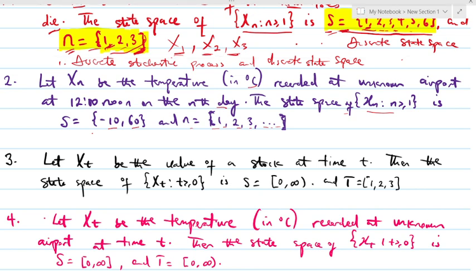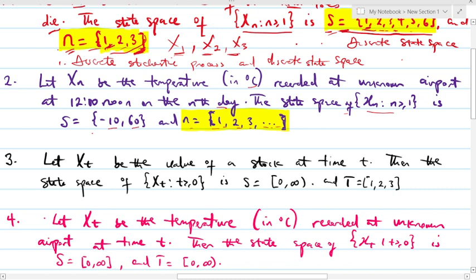Alright, first thing, let's find out the state space we have. Okay, let's first of all deal with the nth time. So look at this now. The value given here for our n is 1, 2, 3, and so on. In other words, this is an infinite set.